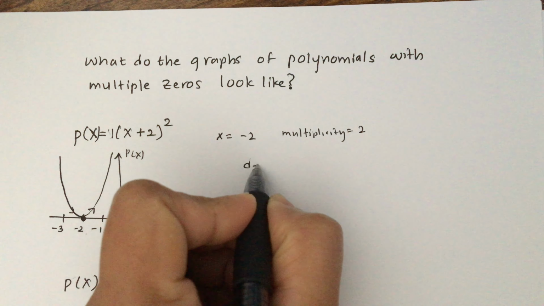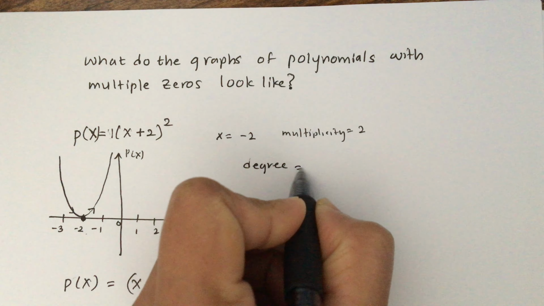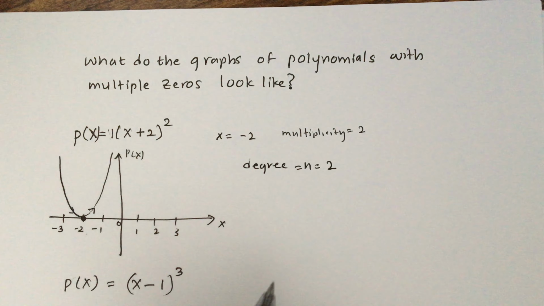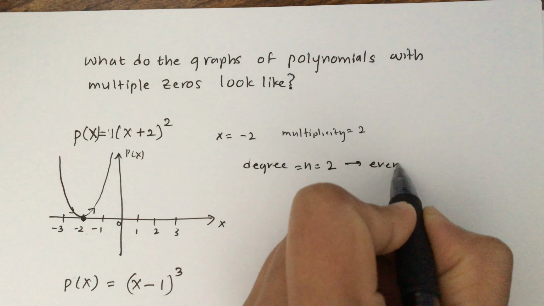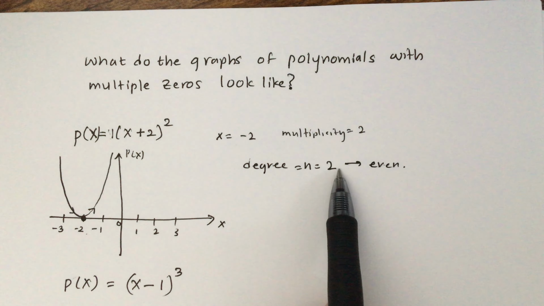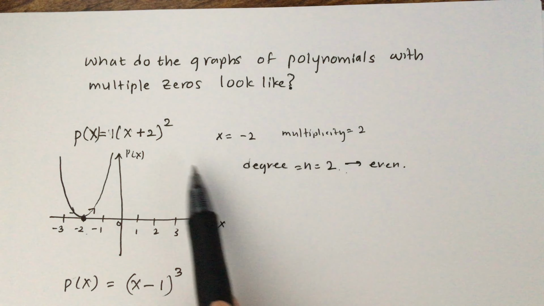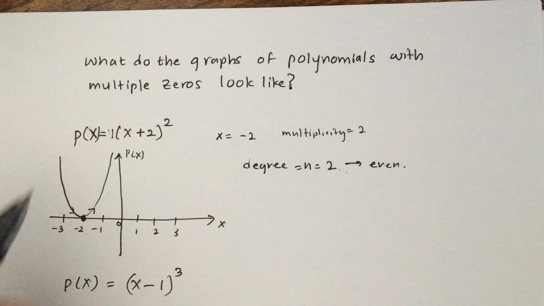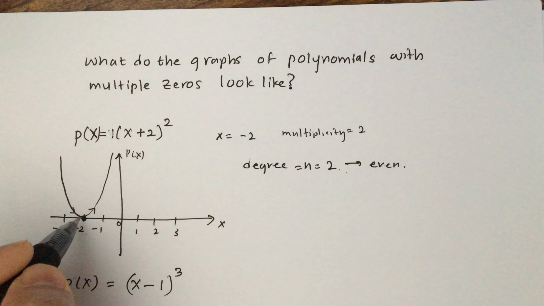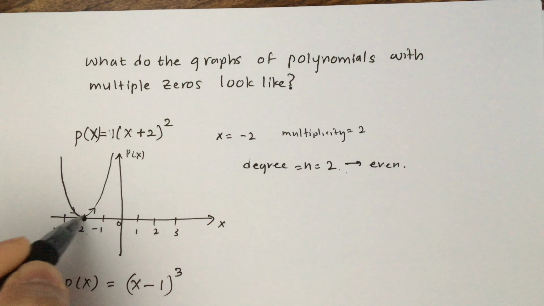It is 2, which is n equals 2, right? So n is even, so this degree is even. If you see a polynomial with an even degree, then at zeros your polynomial bounces off the x-axis like this.